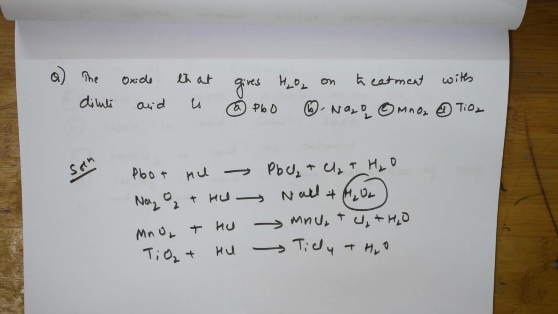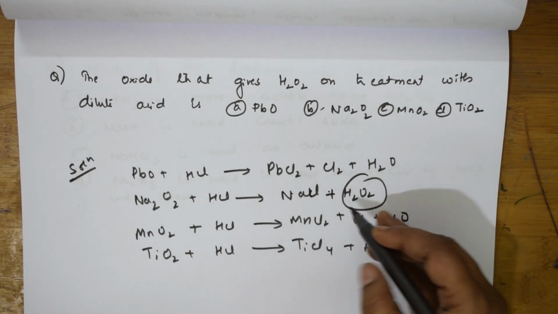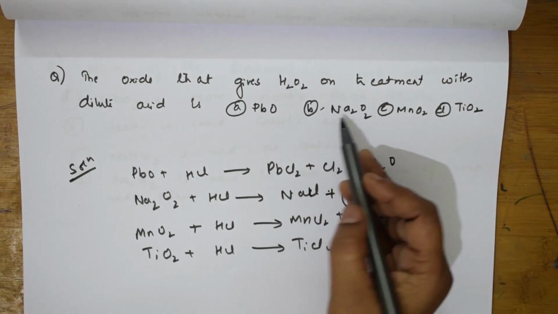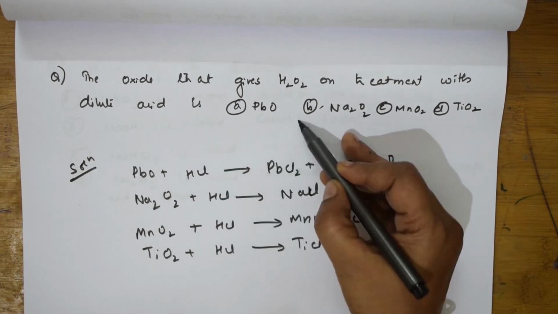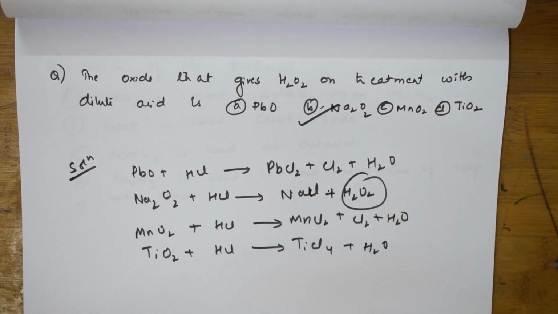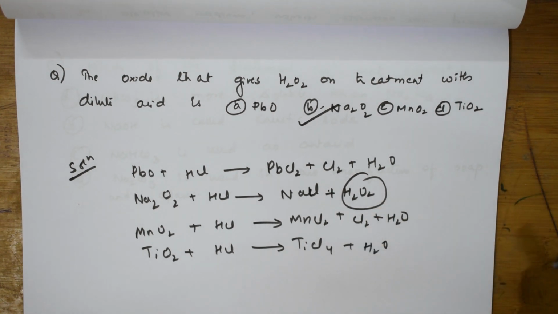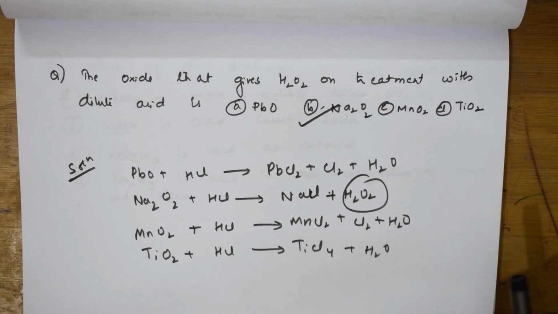Correct. So this is also done. Fine. So are we finding any H2O2? H2O2 is observed here in Na2O2. So the correct reaction is Na2O2 on treatment with dilute acid gives us hydrogen peroxide. Reactions are very, very important in inorganic chemistry. So let us do the next question.